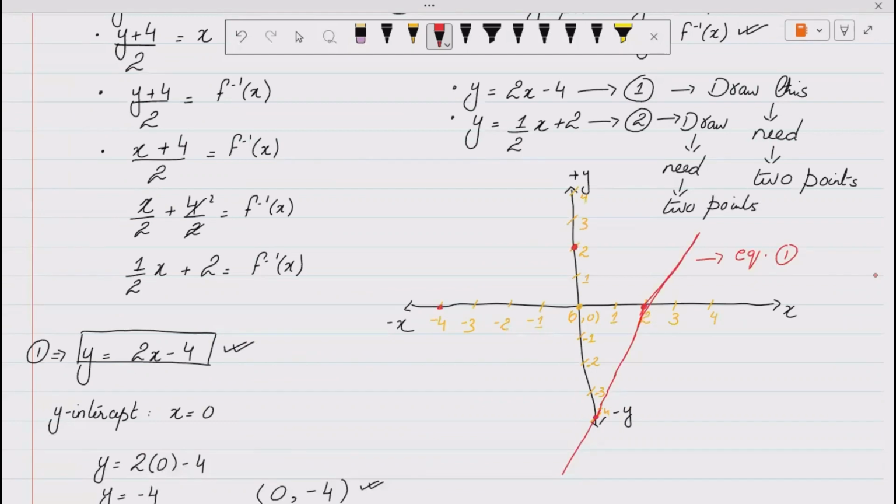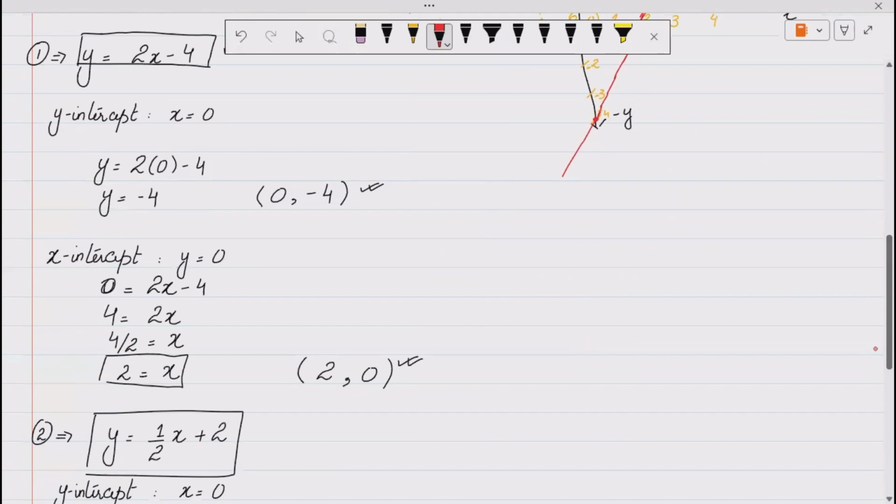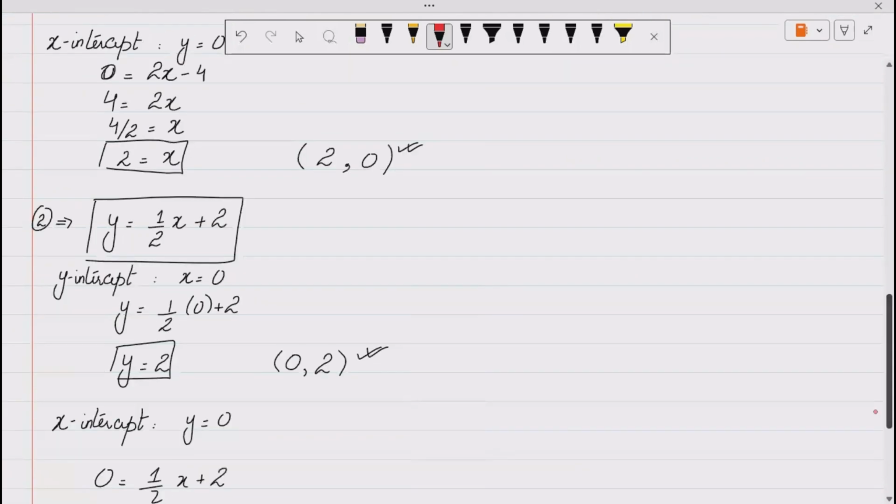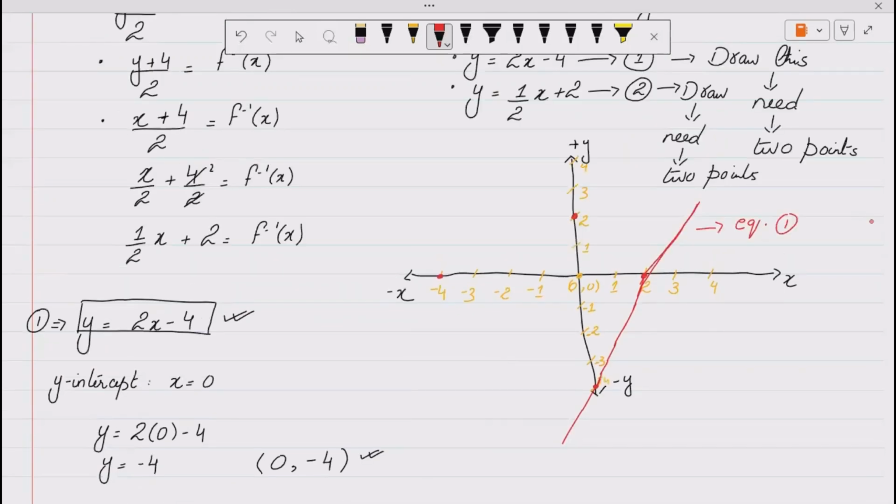So you can see easily that this is the point 0, comma 2. This is the point 2, comma 0. Sorry, this one is 0, comma 2. So x is 0, y is 2, and then -4, comma 0. So this becomes another equation. This is equation 2, and our question is done.